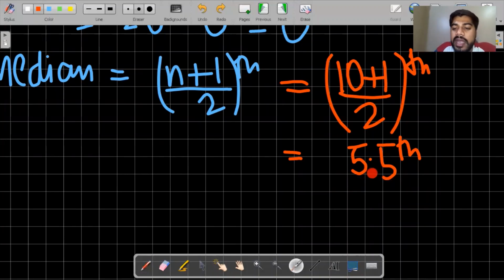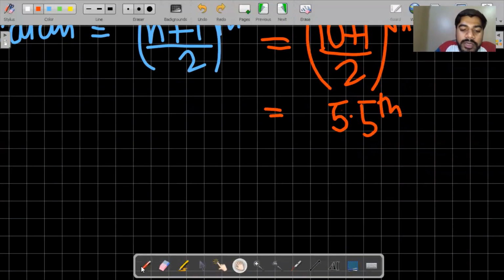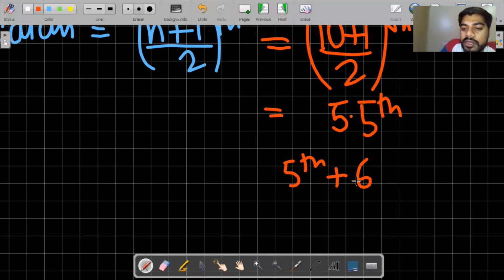So whenever you get a decimal form, it simply means that you have to take the average of your fifth and sixth value.